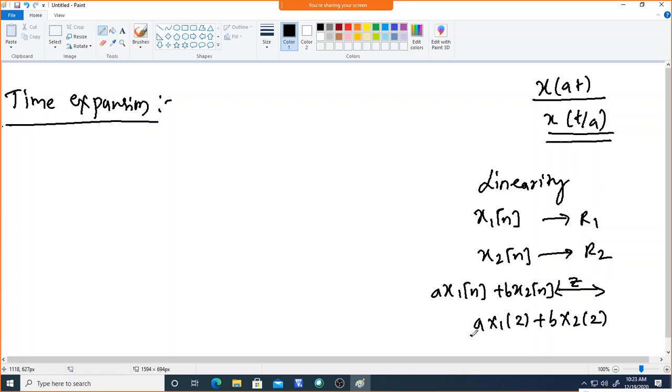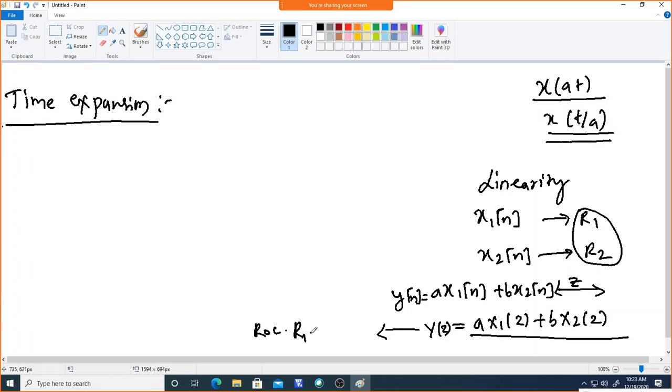So the ROC of this Z transform will be the intersection of these two. If we have separate ROC R1 for the x1 signal and ROC R2 for the x2 of n signal, then the ROC will be the intersection of R1 and R2.